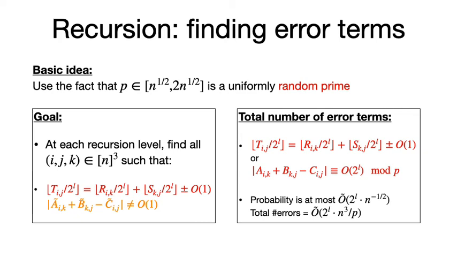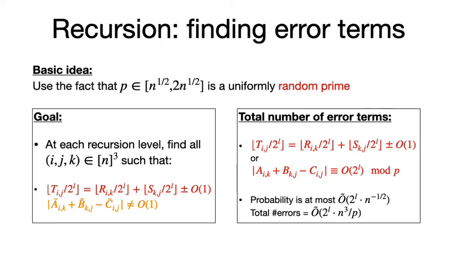By a union bound over all n to the 2 to the L possible values of the remainder, the probability is at most 2 to the L times n to the minus half.